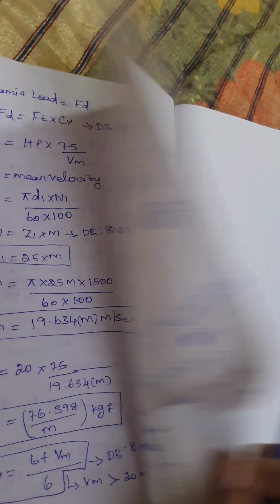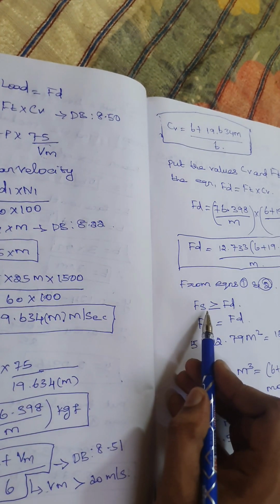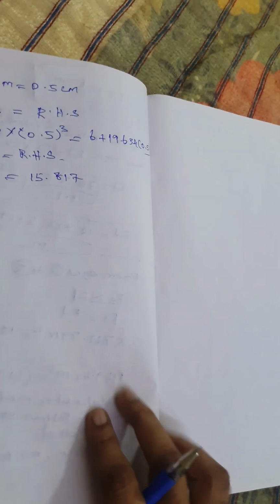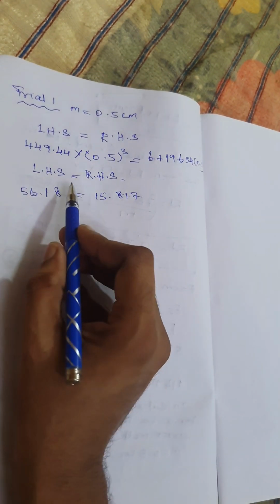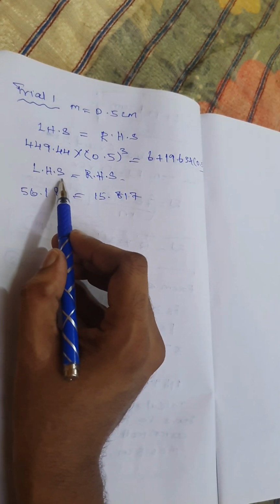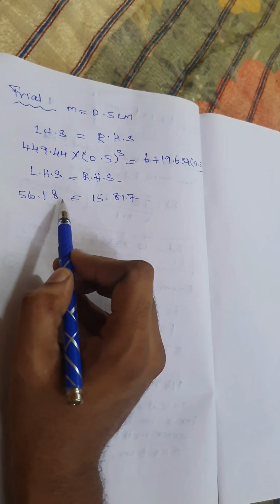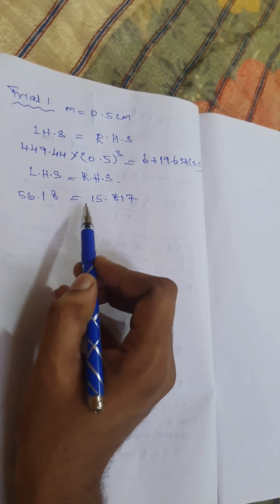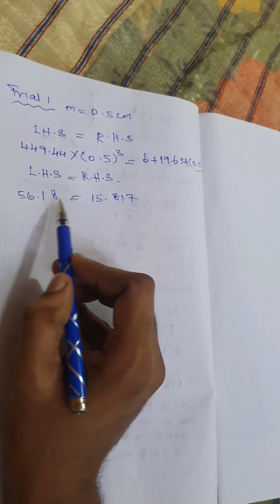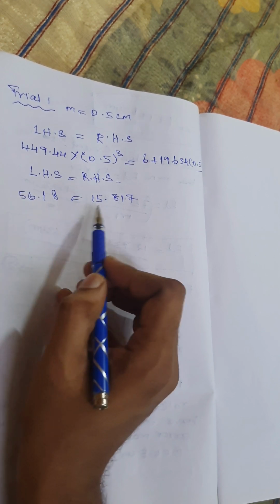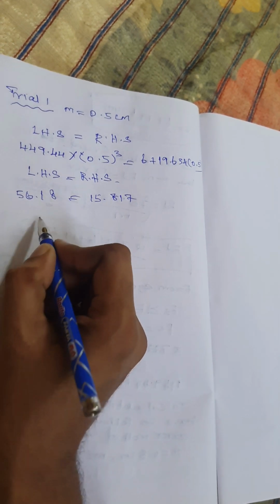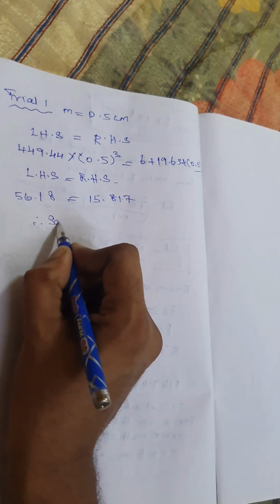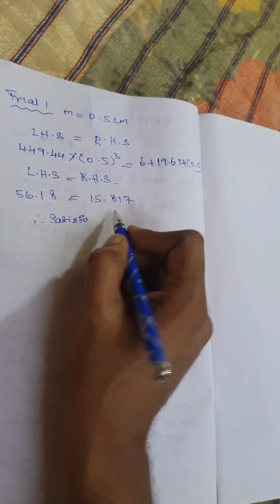What is the condition? It is that f of s should be greater than or equal to f of d. Here the LHS is greater than RHS. Yes, the condition is satisfied, but the difference between both of them is very large. So the condition is satisfied.